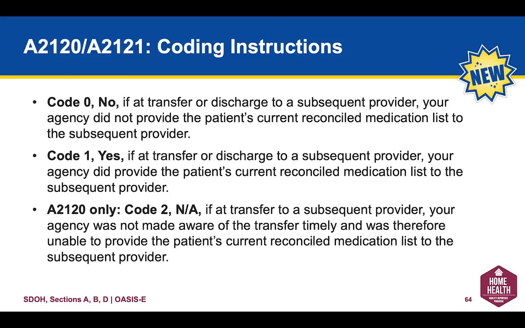For A2120 only, the assessor would code 2 NA or not applicable if at transfer to a subsequent provider, the agency was not made aware of the transfer timely and was therefore unable to provide the patient's current reconciled medication list to the subsequent provider.